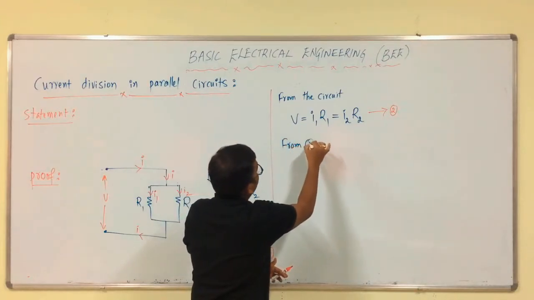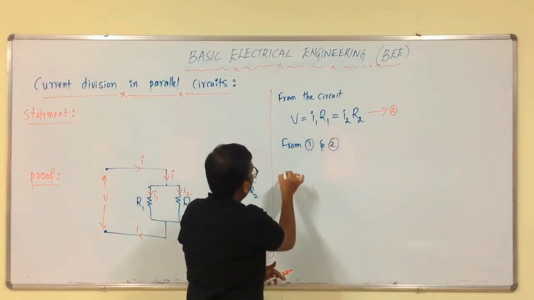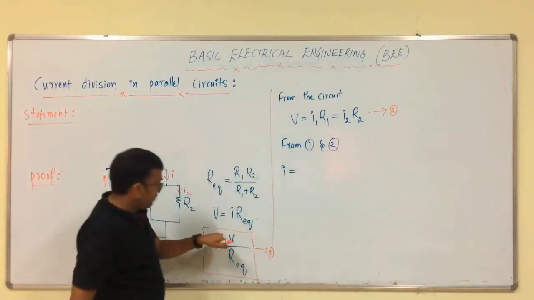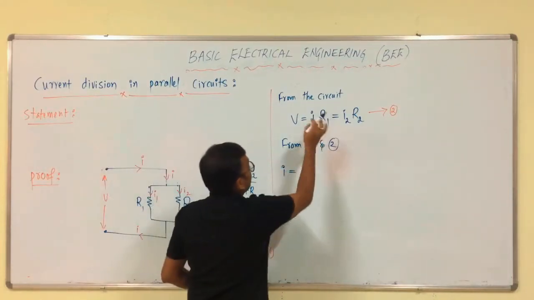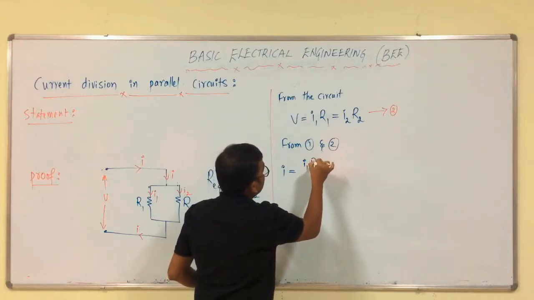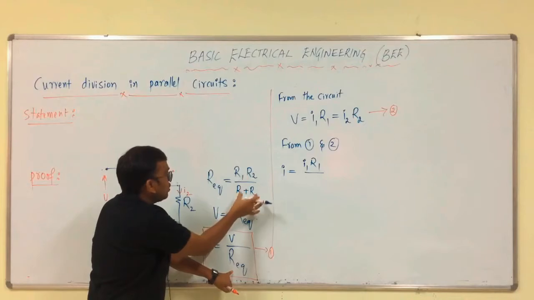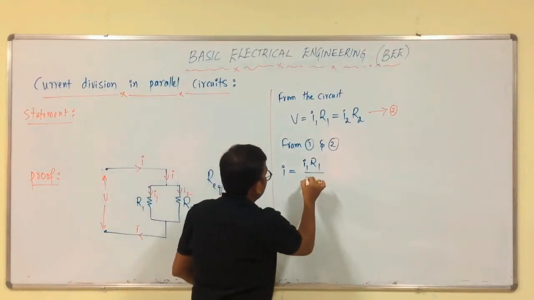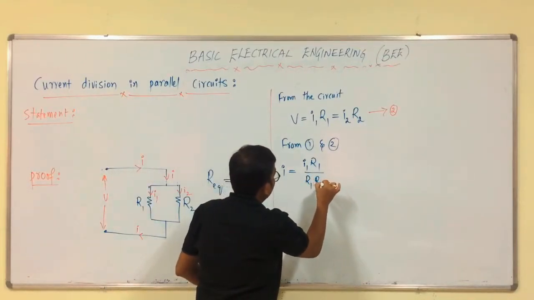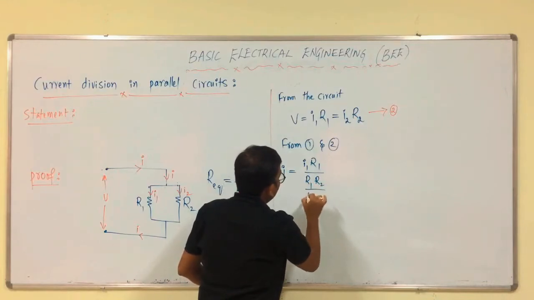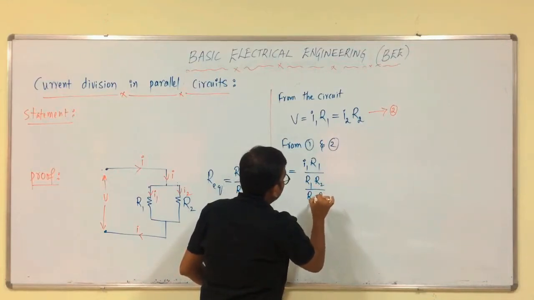From 1 and 2, I is equal to V by R equivalent. In place of V, first I substitute I1 R1, and R equivalent is R1 R2 by R1 plus R2.